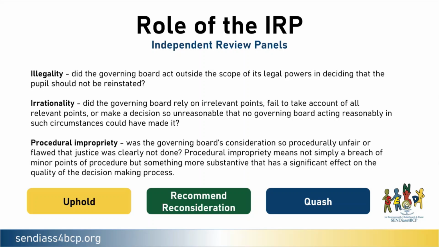Procedural impropriety. Was the governing board's consideration so procedurally unfair or flawed that justice was clearly not done? Procedural impropriety means not simply a breach of minor points of procedure, but something more substantive that has a significant effect on the quality of the decision-making process.